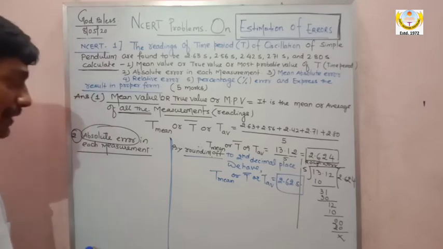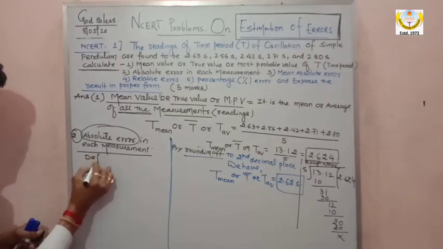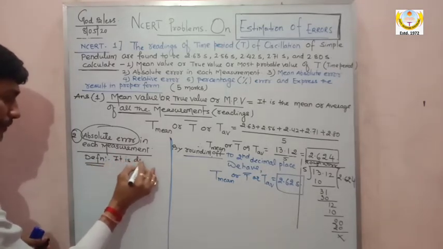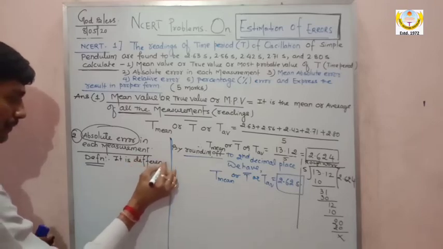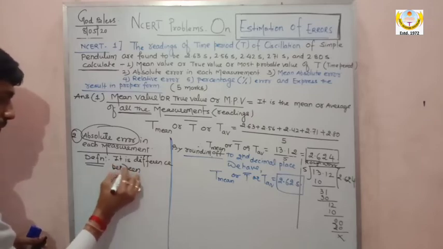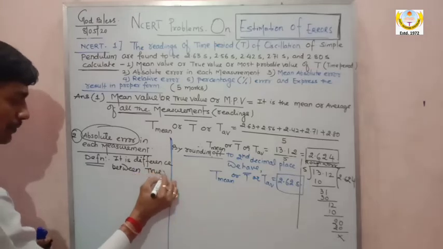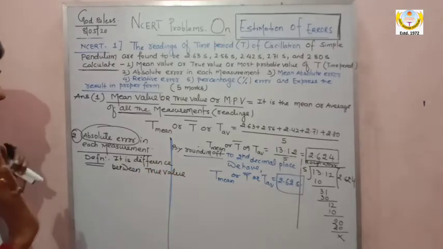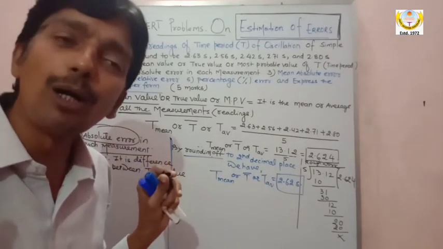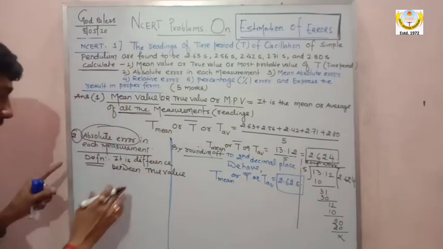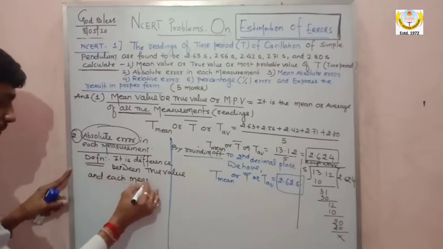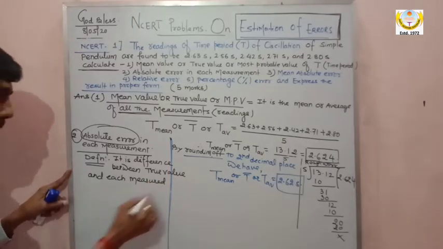So now let's start with the definition of absolute error. What is the definition here? It is the difference between true value, which you understood I have calculated, that is the mean value or most probable value, and each measured value.